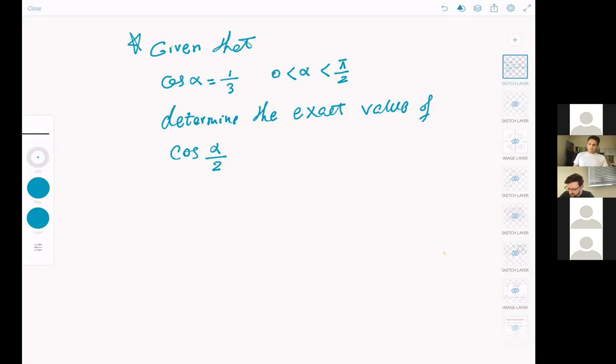So which formula is ringing the bell? Is this asking about adding, subtracting angle, doubling angle, or halving angle? Which one should we look into?